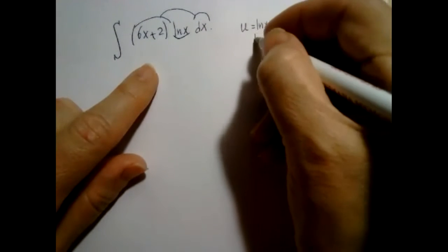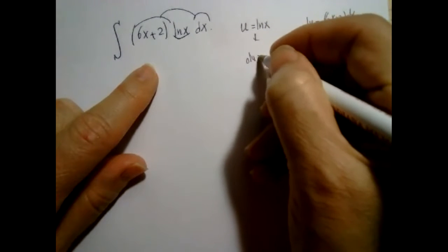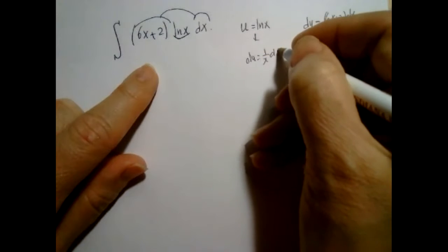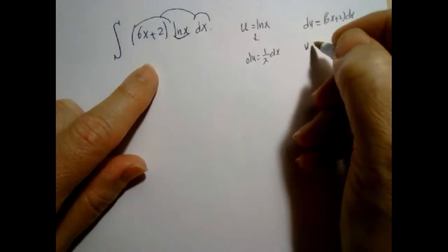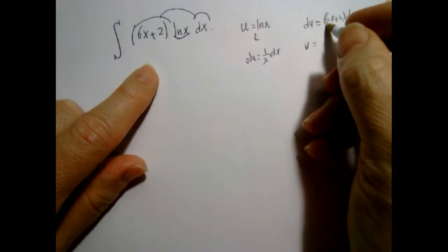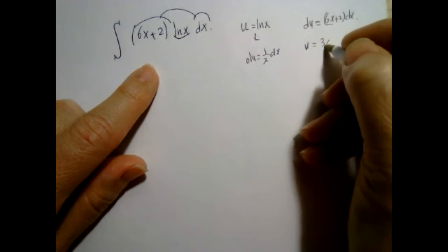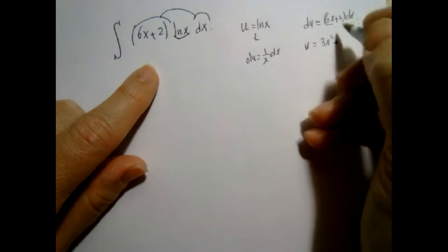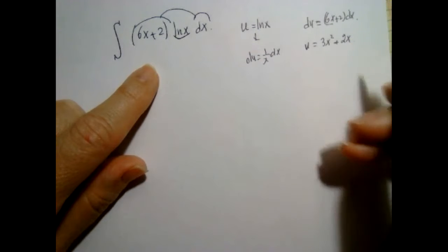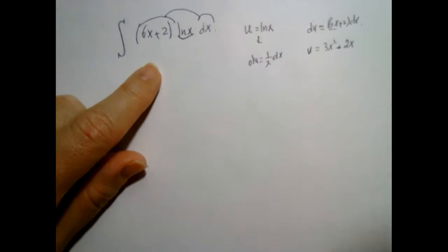If I put u to be ln of x, so the du is 1 over x dx, and the v is the antiderivative. The antiderivative of 6x is 6x squared over 2, plus antiderivative of 2 is 2x. Now we just have to plug in the formula verbatim.